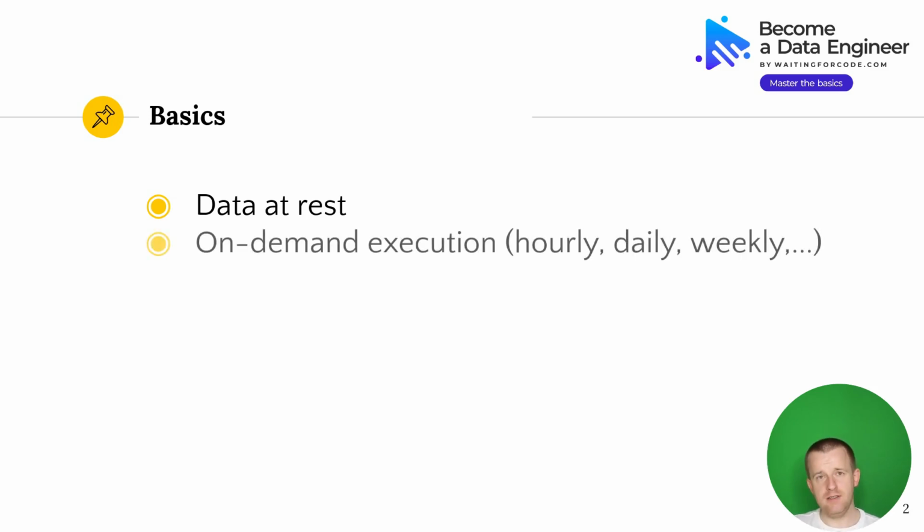The second point is that batch processing concerns on-demand execution, so something that is scheduled. You can schedule it hourly, daily, weekly, it depends on your business use case, but if you see that you need to schedule it, for example, every 15 minutes, it may be a sign that you are working with a very special case of streaming processing, which is kind of near real-time processing.